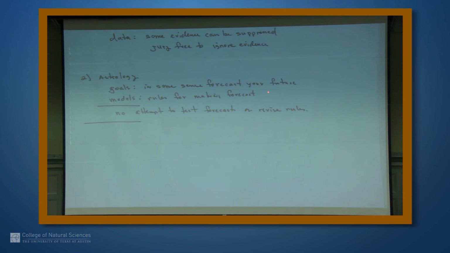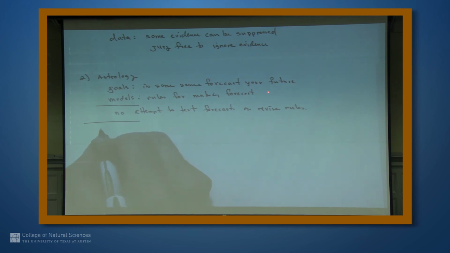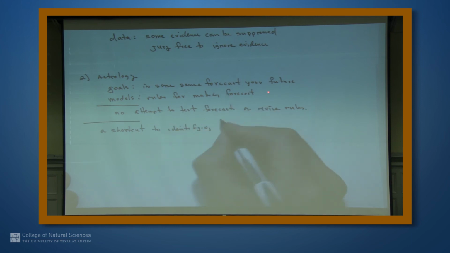Okay, I'm going to make three more points. I'll give you a shortcut to identifying good versus bad or no science.